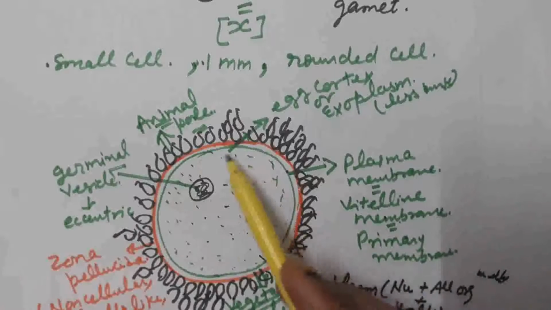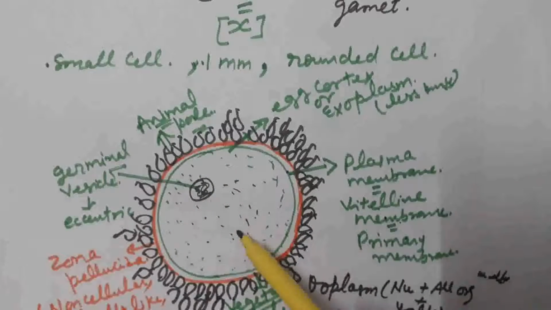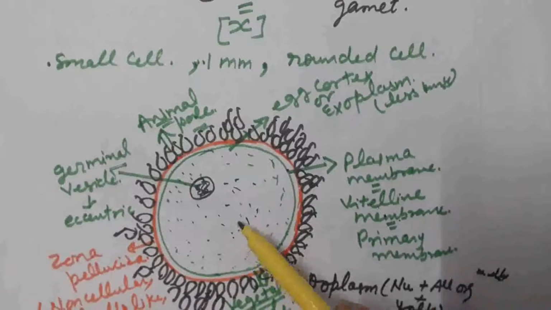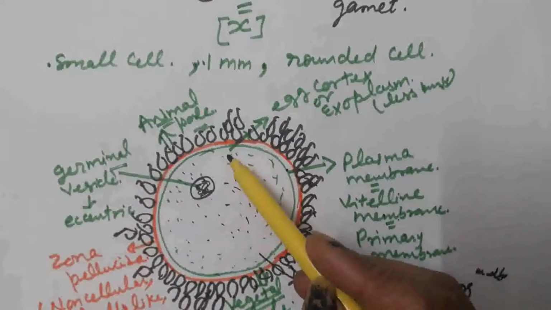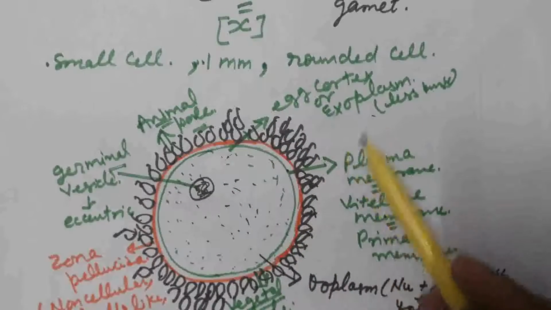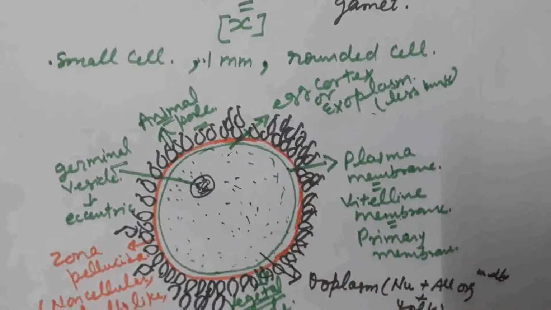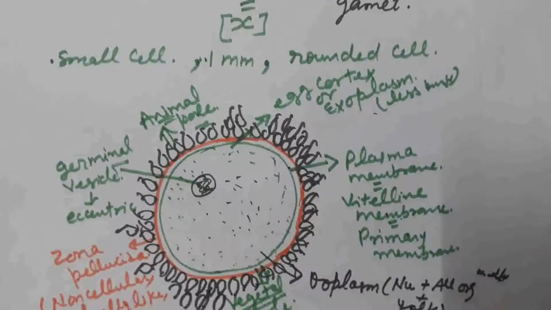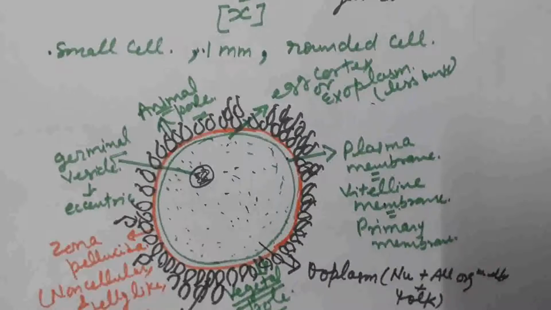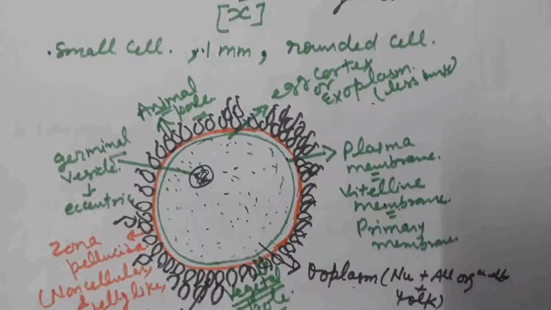Inside the primary membrane or plasma membrane, cytoplasm is present. The cytoplasm is divided into two parts. The outer part is less dense and we call it the egg cortex or exoplasm. Inside it, the dense cytoplasm is present, which we call the ooplasm.